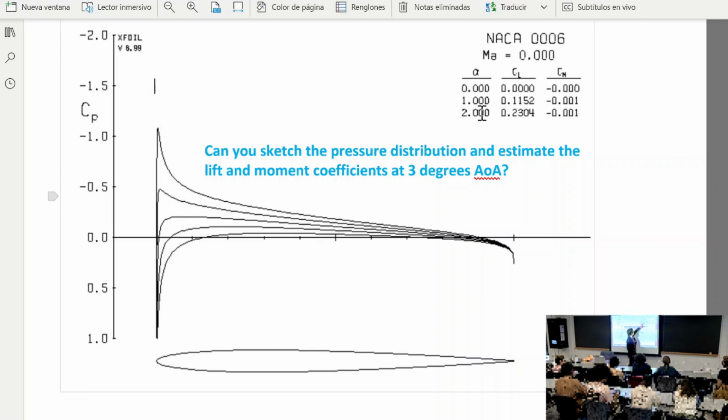Lift coefficient, you should see that it basically goes up at a linear rate, and the linear rate is going to be very close to 2 pi. So you can estimate the lift coefficient according to that 2 pi linear rate. But the more difficult one is how do you sketch the pressure distribution? Any ideas of how to do that?